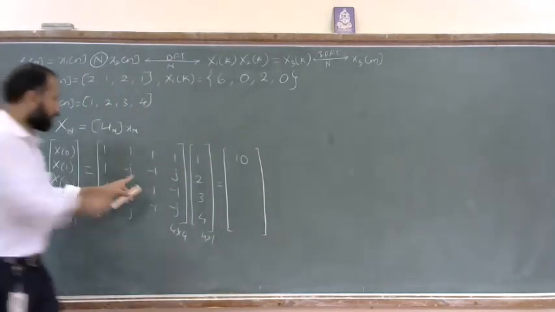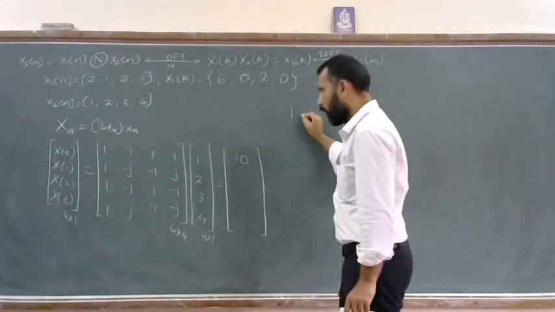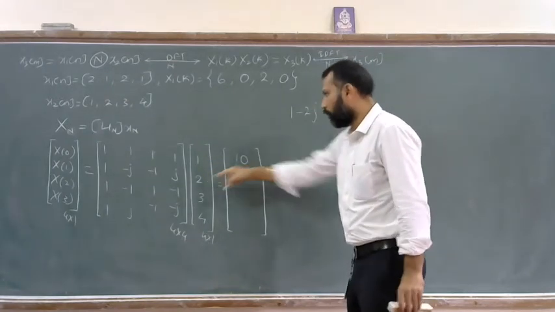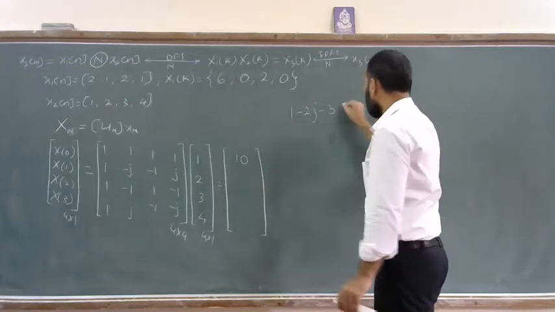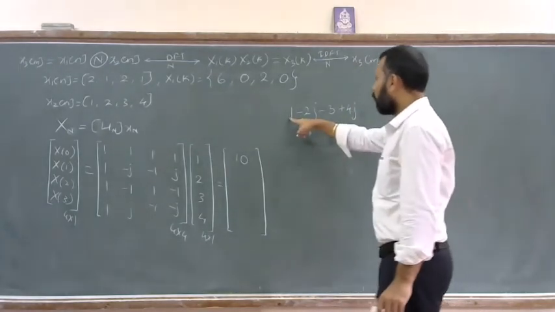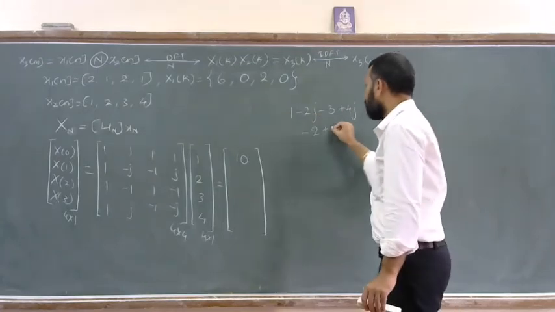Okay. Next, for the second row, we'll have 1 into 1, 1, minus 2j, minus j into 2, minus 1 into 3 will be minus 3, and j into 4 will be plus 4j. So we'll have 1 minus 3, minus 2, and 4j minus 2j, plus 2j.